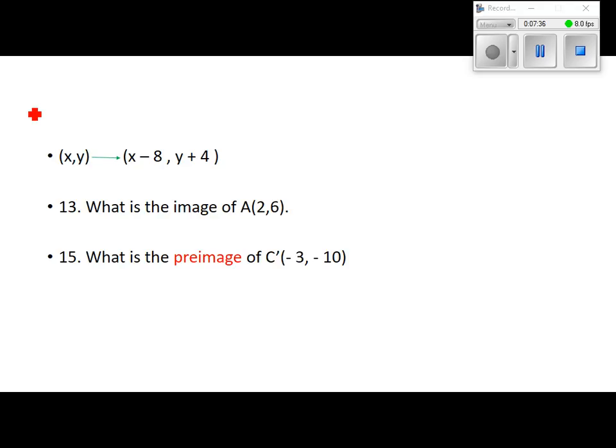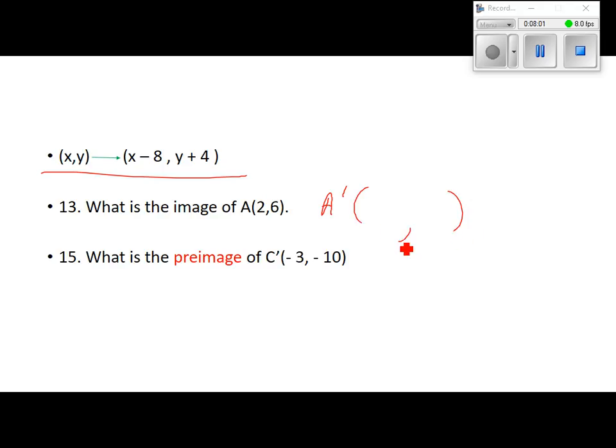Number 13. Nothing to graph on 13. You could graph if you wanted. We're not going to. What is the image? Remember, pre-image is what you start with. Image is what you end up with. What is the image of 2, 6 if we're doing this rule right here? What's this rule telling us to do to every X coordinate? Subtract 8. So this is going to be A prime.